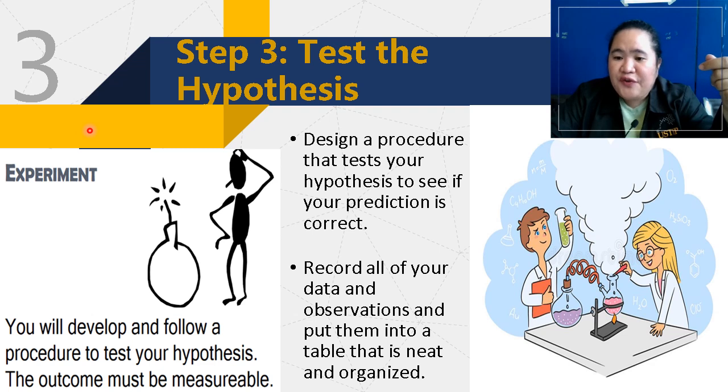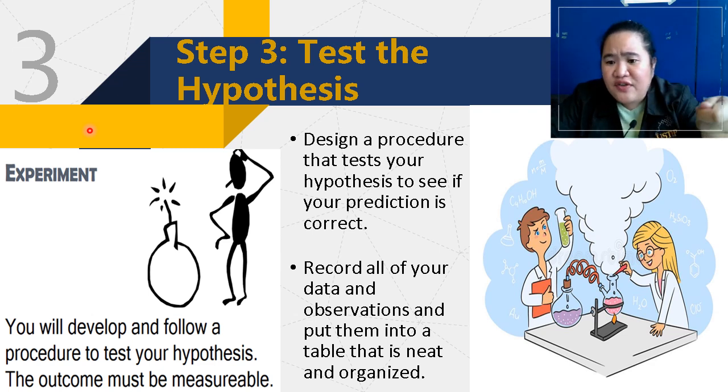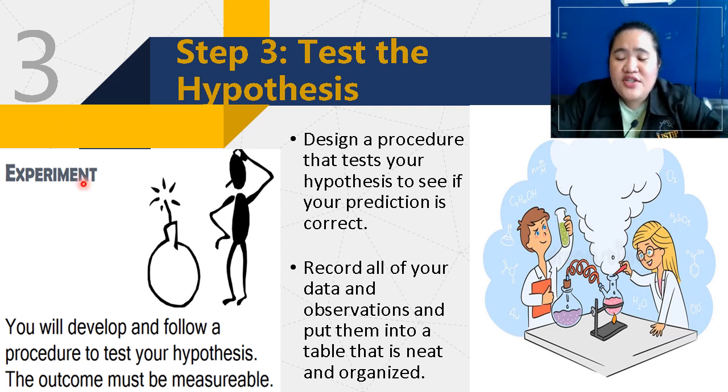No need for an experiment. An observation or an interview will test the hypothesis. Okay, so in this case, since our example is about the Bitanag Creek, we'll make an experiment.